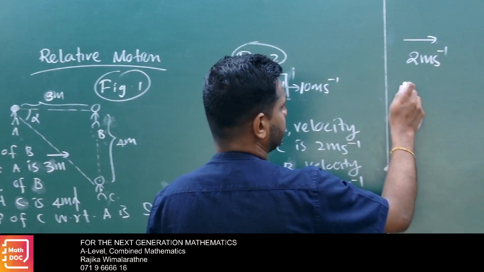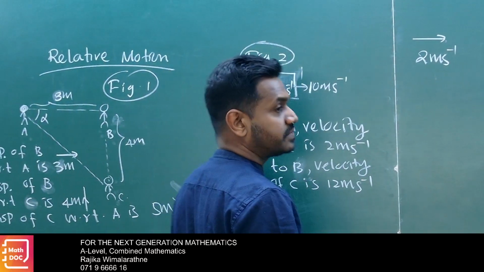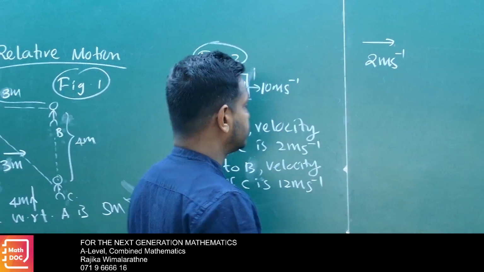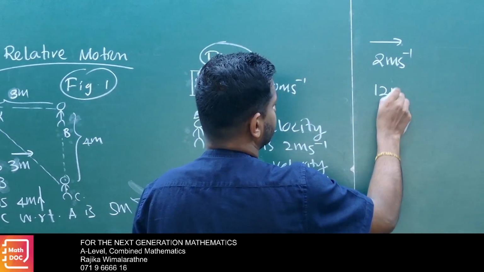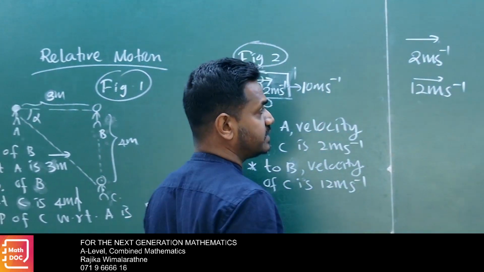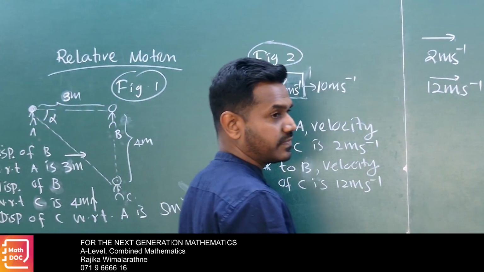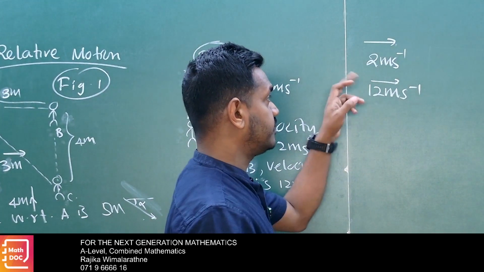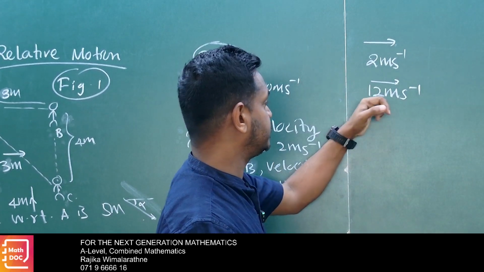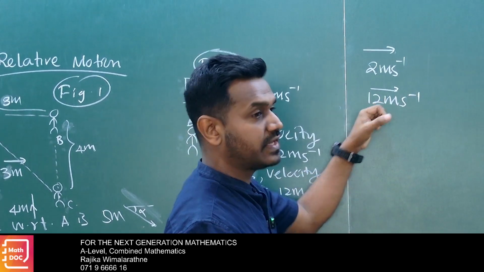And B can observe the velocity of C as 12 meters per second this way. To A it appears as 2 meters per second, to B it is 12 meters per second.